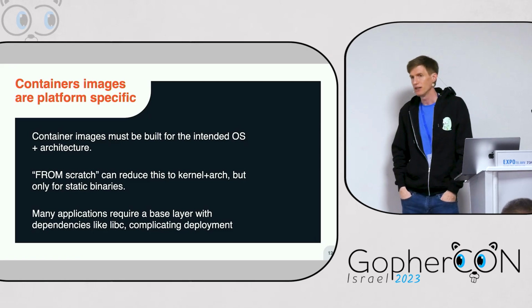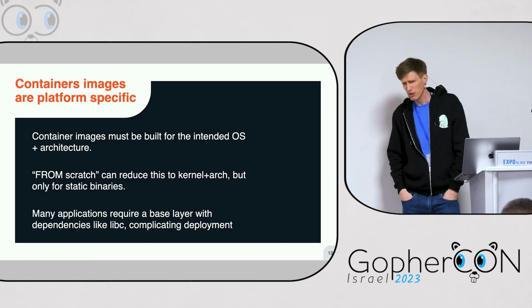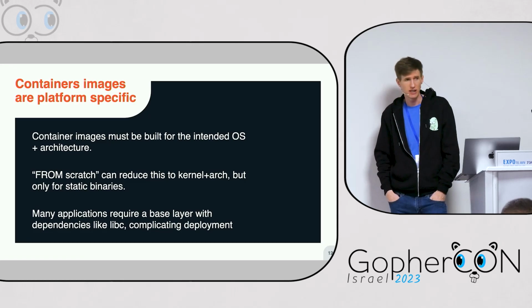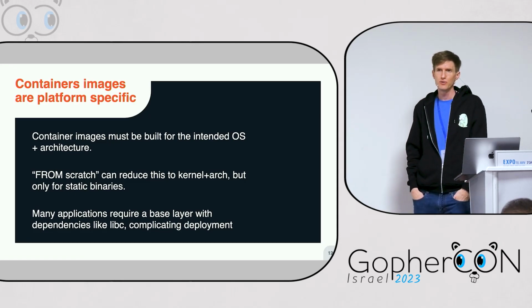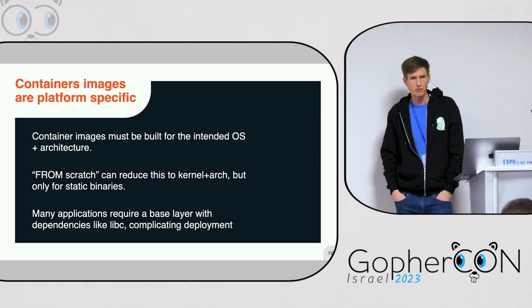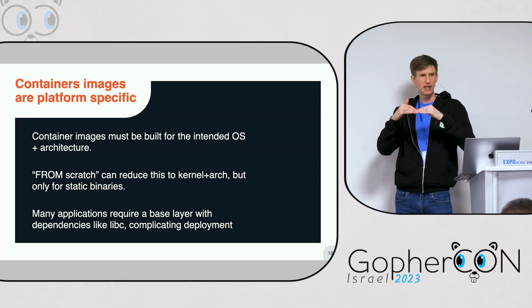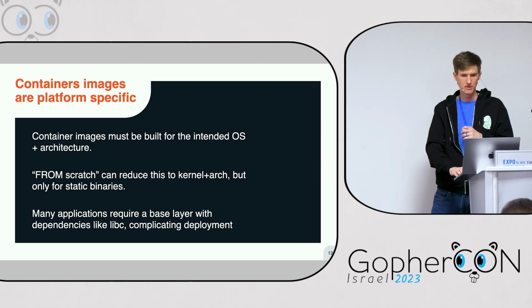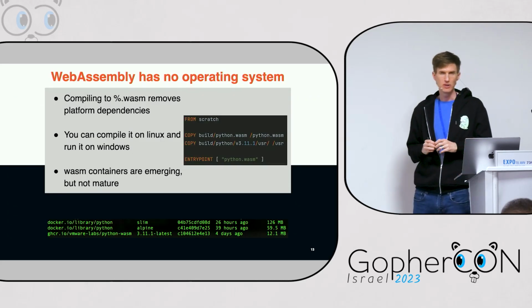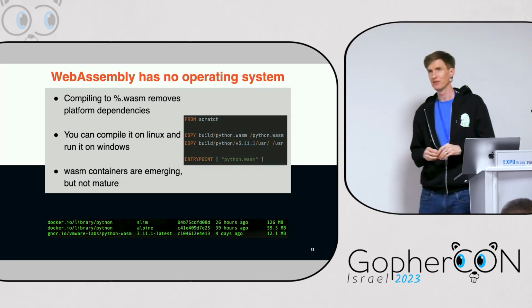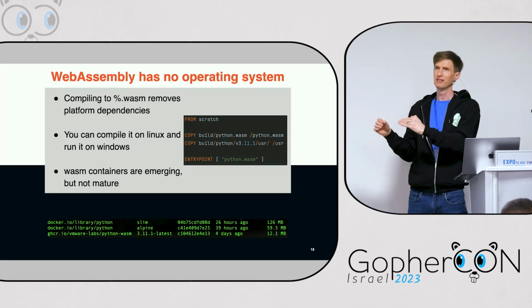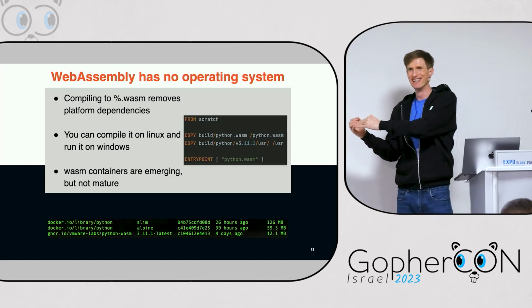So WebAssembly is a platform-agnostic virtual machine technology. And when you get to the point where you need to run something, you need to understand where it hits the road. Well, WebAssembly has no operating system. And so if you believe that, if you're able to compile it, then it can't have an operating system dependency.